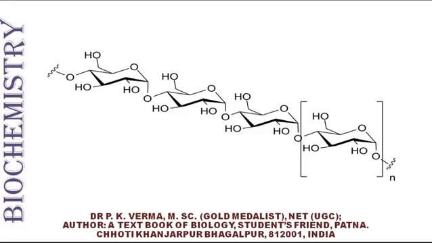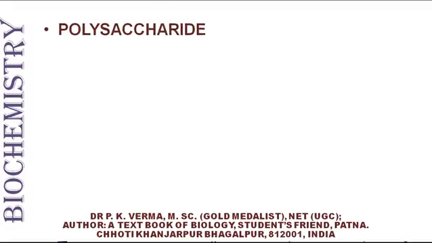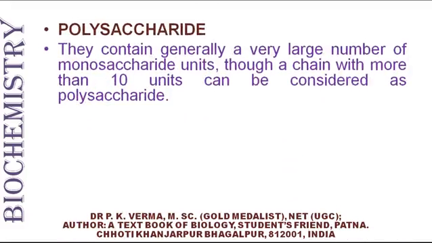Now you can see that a long chain of glucose can be made by formation of alpha-1,4 glycoside linkage. There are polysaccharides having large number of monosaccharide units, technically more than 10 units, but normally hundreds of units are there.